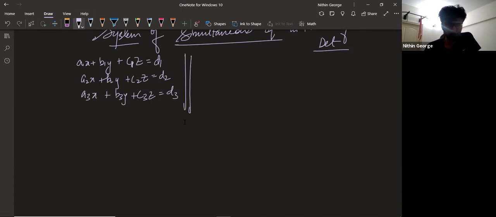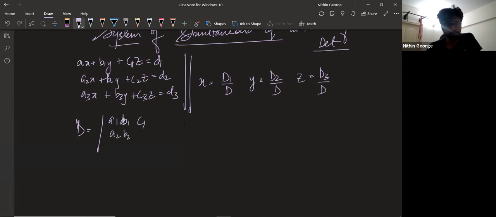If you get any equation like this, you can directly write x equal to d1 by d, y equal to d2 by d, z equal to d3 by d, where d is the coefficient matrix: a1, b1, c1, a2, b2, c2, a3, b3, c3.